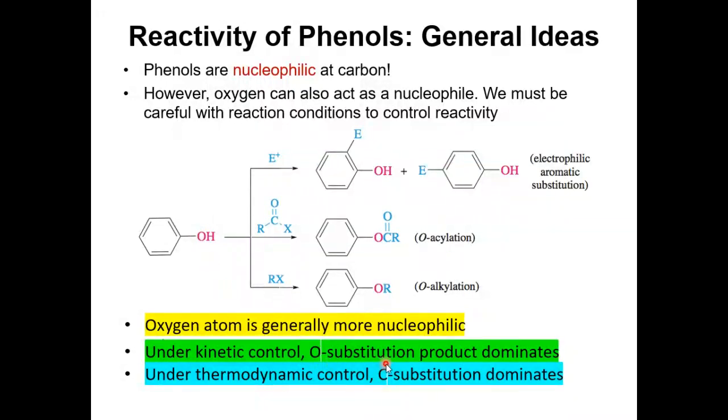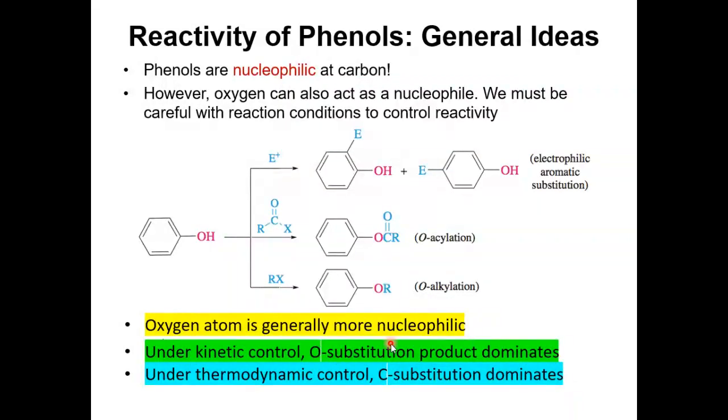Because the oxygen atom is generally more nucleophilic, if phenol is allowed to react with an electrophile, it will react faster at oxygen compared to carbon. So if the reaction is under kinetic control, the O substitution product dominates.